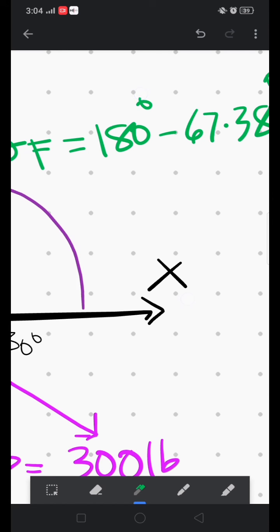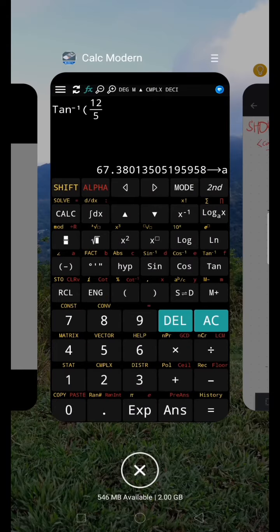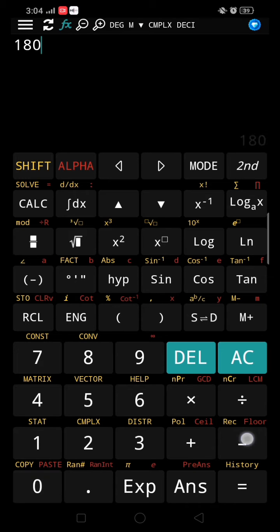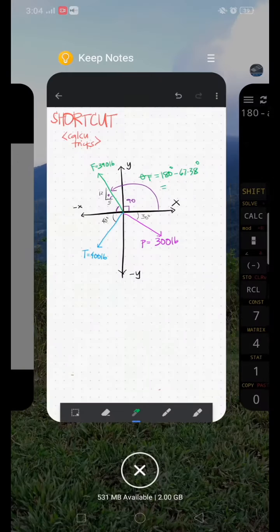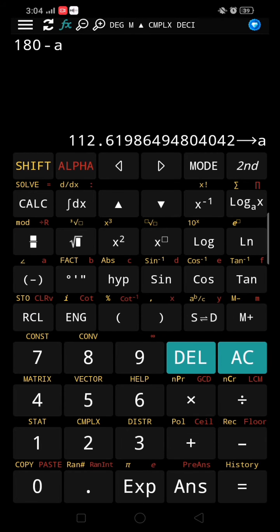So that is 180 minus 67.38, which is equal to 112.62 degrees. Take note of that: 112.62 degrees.